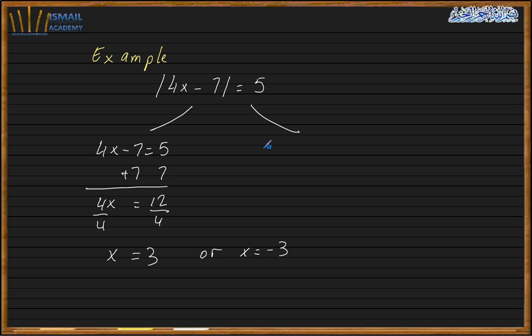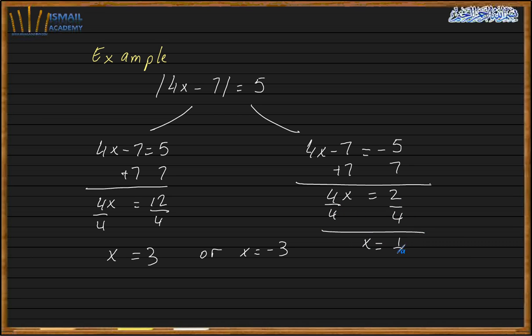It's wrong. Look when I solve the second one. I get 4x minus 7 equal to minus 5. When I add 7 to both sides, 4x will be 2. When I divide by 4, I get x equal to half. It's not minus 3.